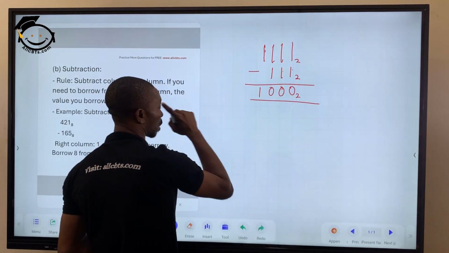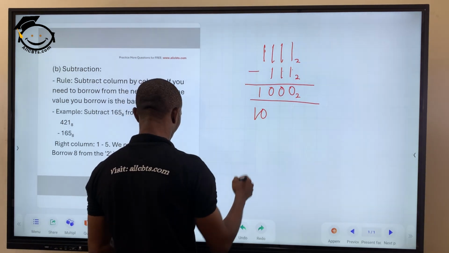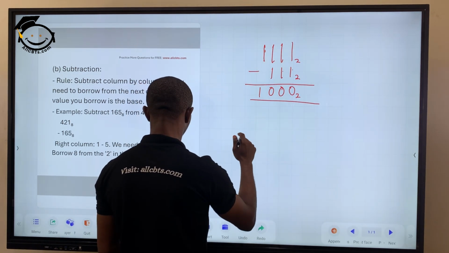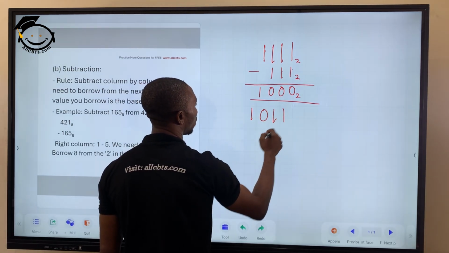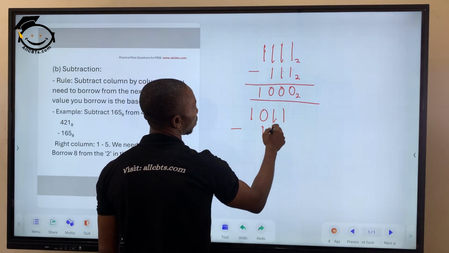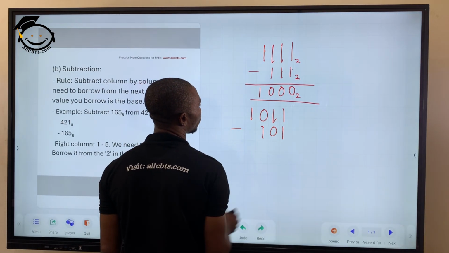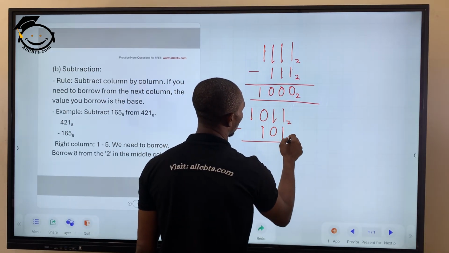Straightforward. Now let's look at another example. If we have 1011 minus 101, all in base 2.